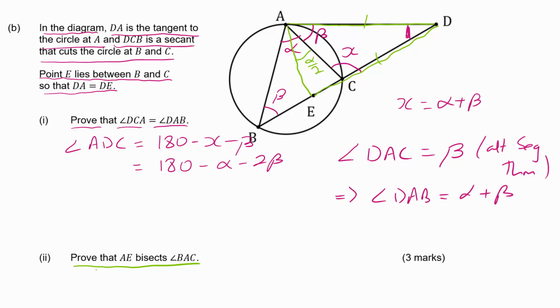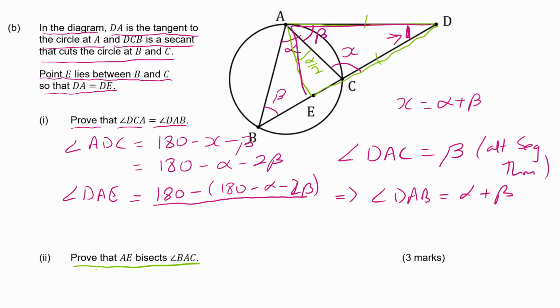Now, angle DAE, which is this angle just here, is a base angle of an isosceles triangle. So if we do 180 take away 180 minus alpha minus 2 beta, which is the angle here, all divided by 2, and we can do that because we're working in an isosceles triangle.